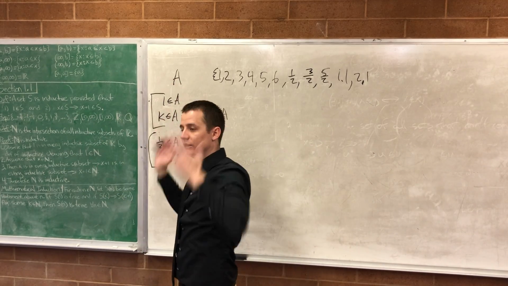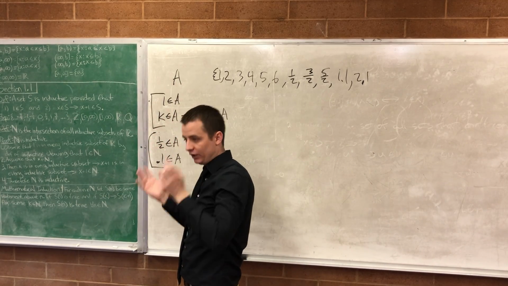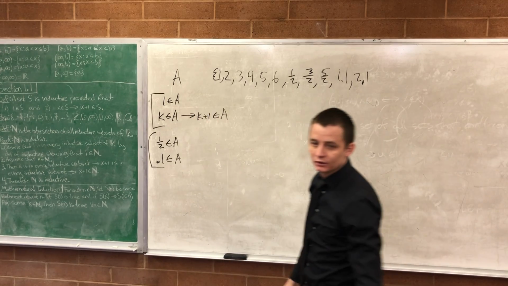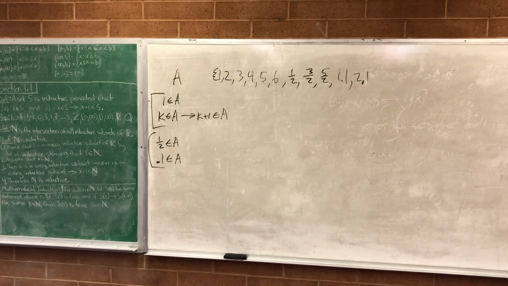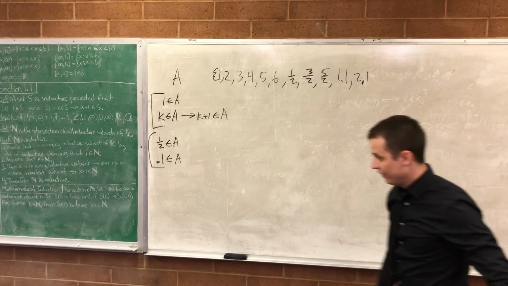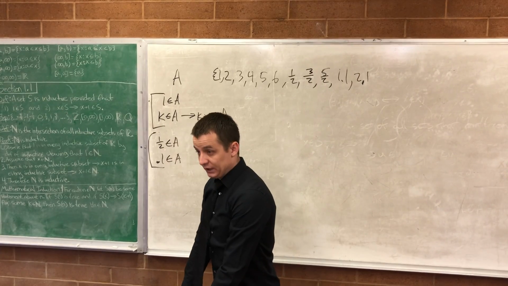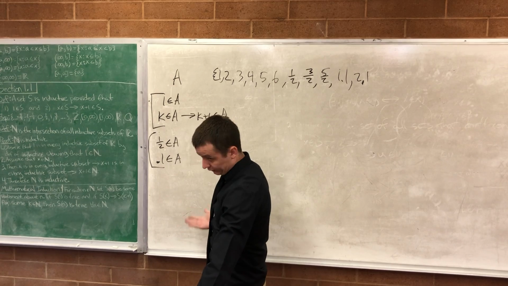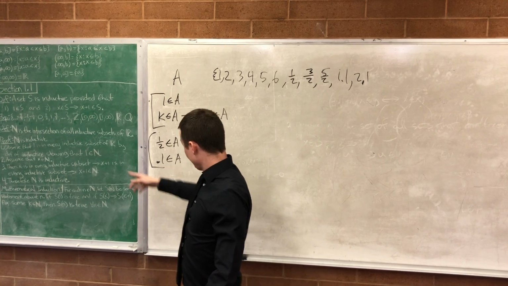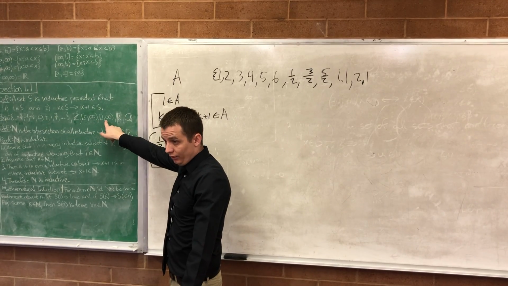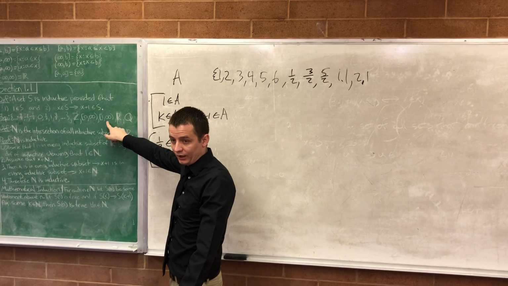If you're constructing the numbers and you're working your way up, it's very natural to have 0 in there. So some books have 0 in the natural numbers, some books don't. In this book, we do not have 0 as a natural number, because 0 is not in every inductive set. For example, this. 0 is not in there, and this is still an inductive set.